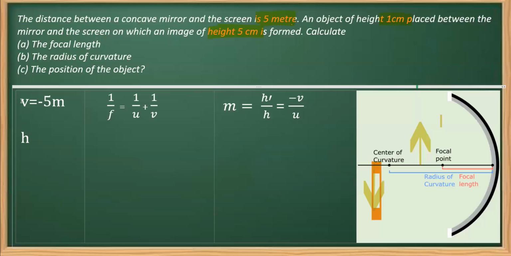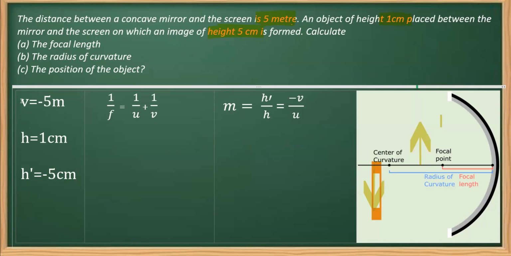The height of the object is taken as 1 centimeter, and the height of the image is indicated by h dash, which is equal to minus 5 centimeters.